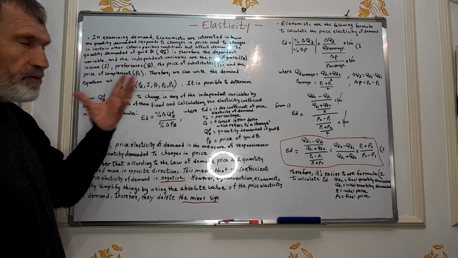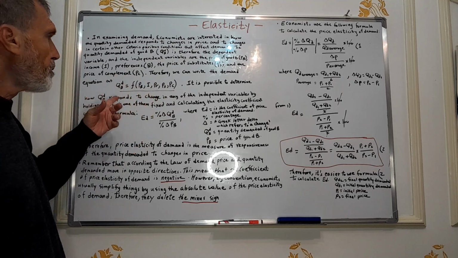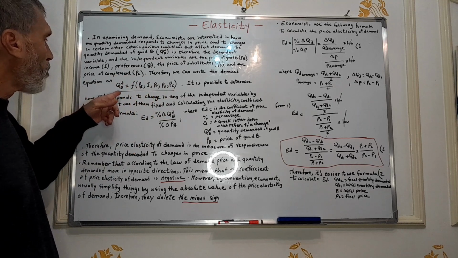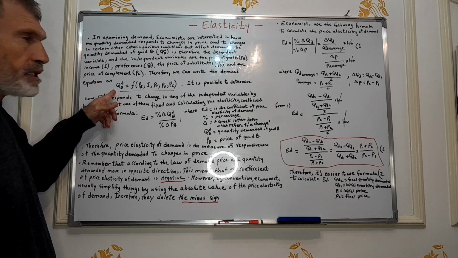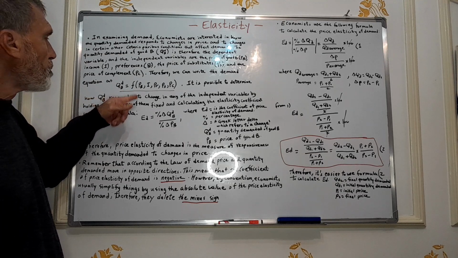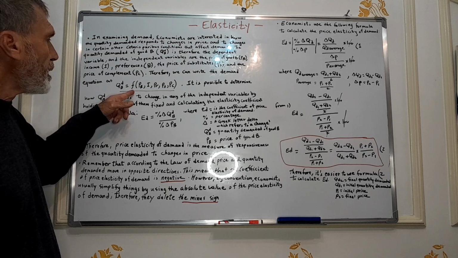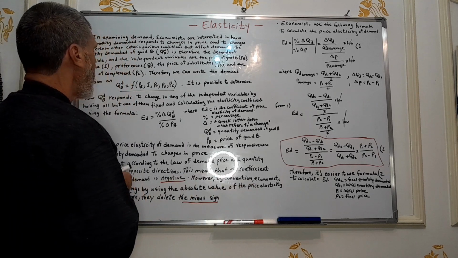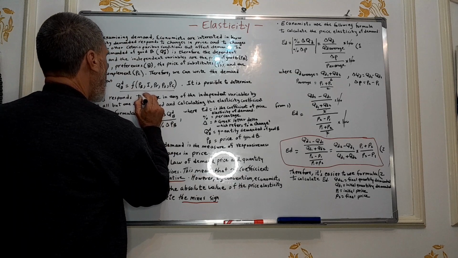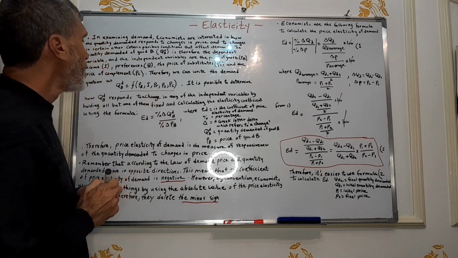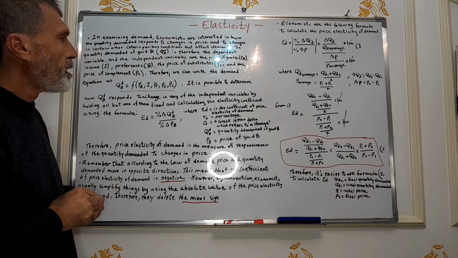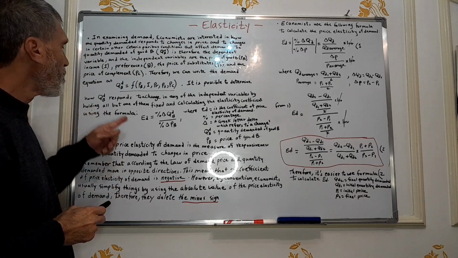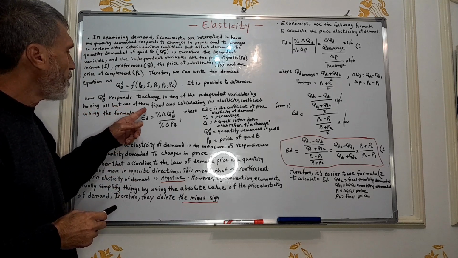So it is very possible to determine how the quantity demanded of good B responds to a change in any of the independent variables by holding all but one of them fixed.